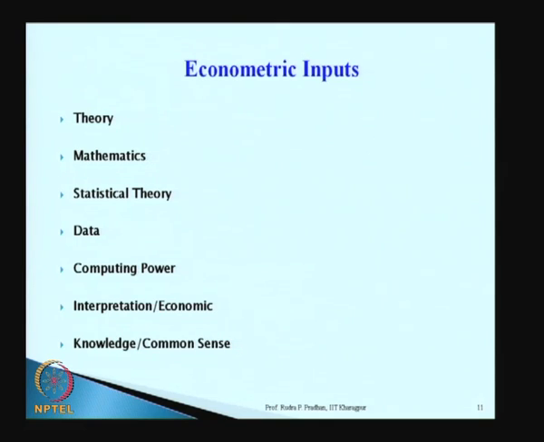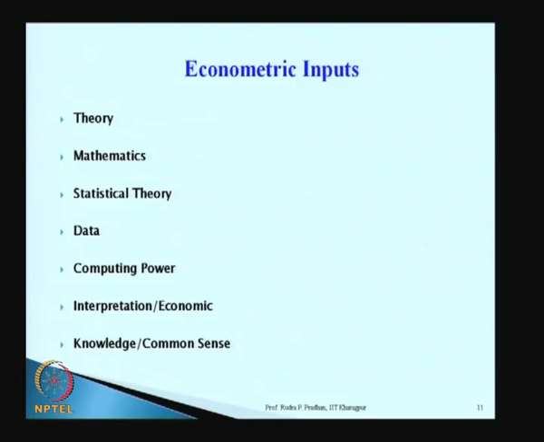Okay. So, for input specification you must have theoretical knowledge, a sound theory behind the modeling. Without a sound theory and idea, it is totally unnecessary to enter econometric modeling. Because without theory, econometrics is totally meaningless.